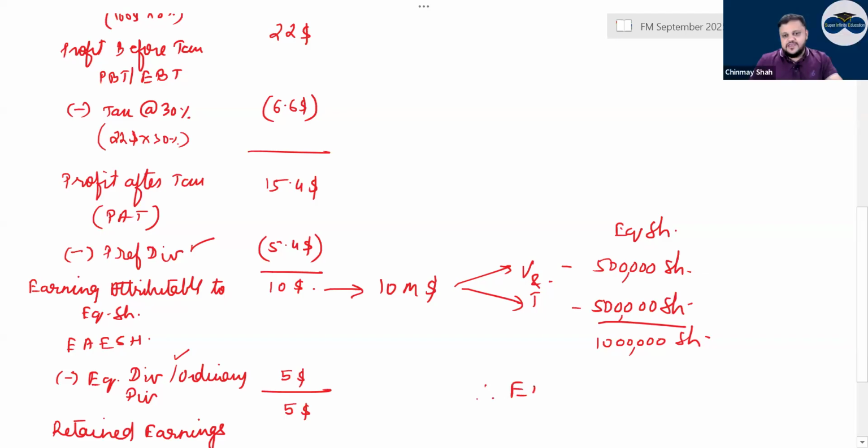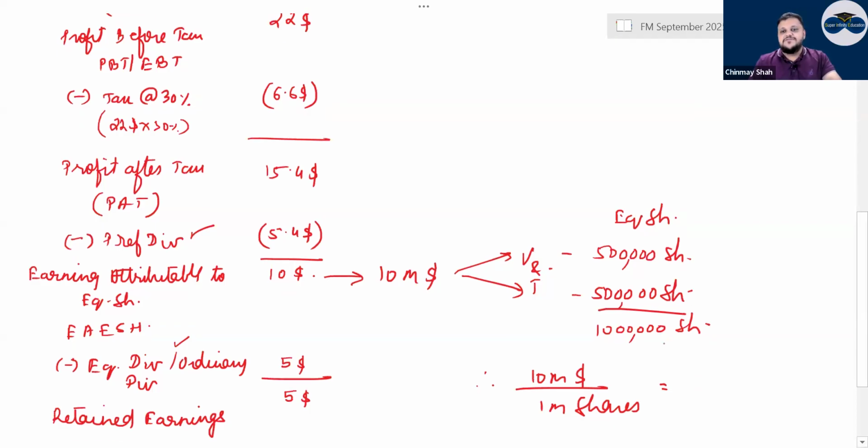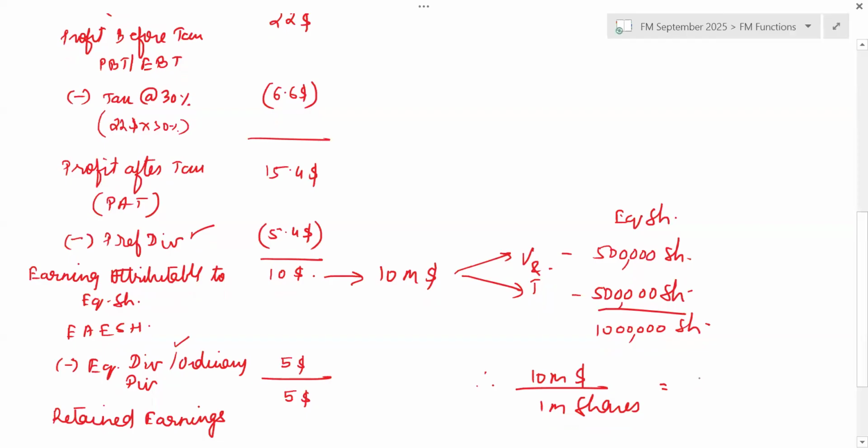Therefore, if you have earnings attributable to equity shareholders of $10 million and 1 million shares, how much is the earnings attributable per share? $10 million divided by 1 million shares. How much is the EPS, earnings per share? $10 per share.